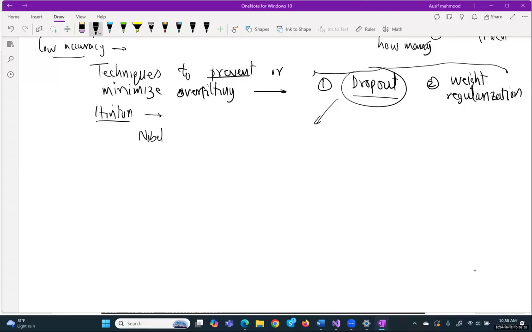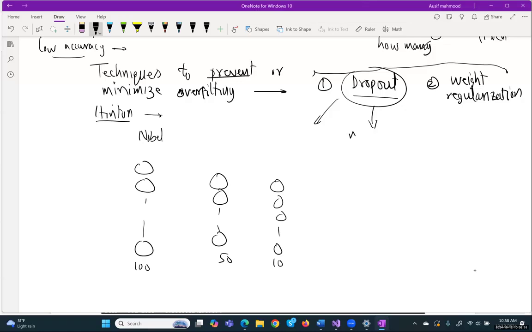So the idea, as you saw, was if we are creating, let's say, some layer neural network, suppose we have 100 neurons over here, 50 neurons over here, 10 neurons over here. In dropout, first of all, dropout is never applied to the output layer.